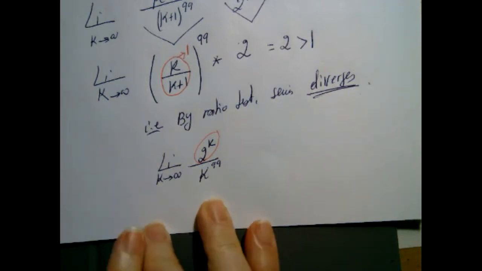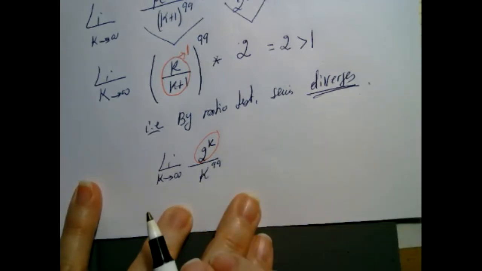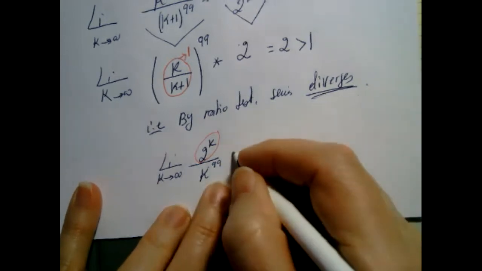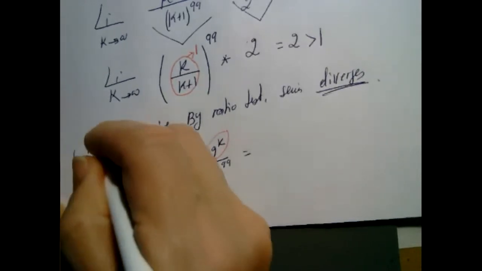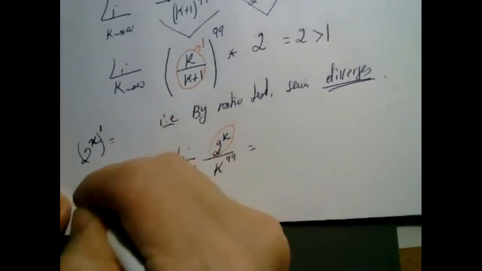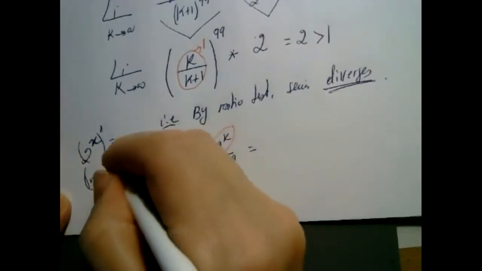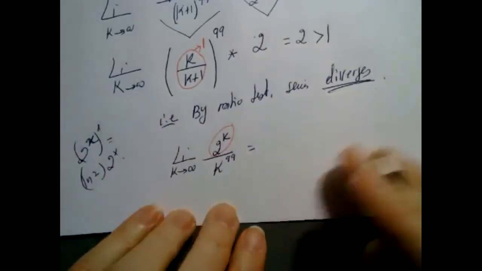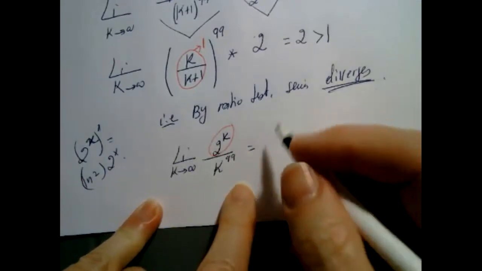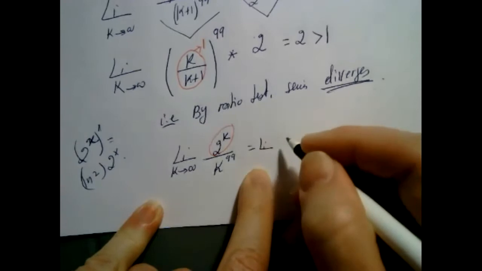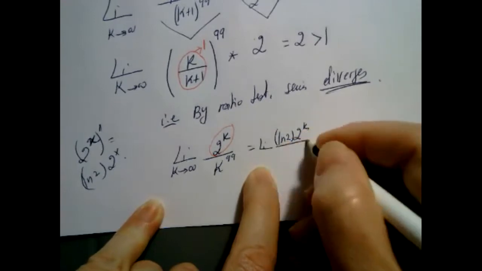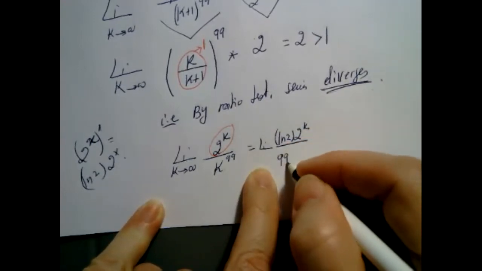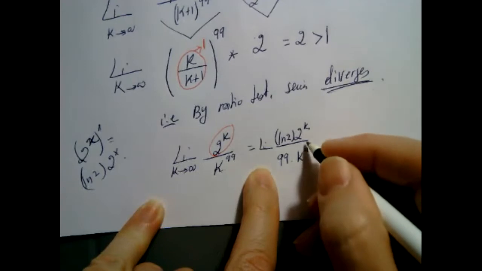All right, let me apply L'Hopital's rule to convince you of that. So what's going to be L'Hopital's rule? The derivative of 2 to the k, or 2 to the x in general, is ln of 2 times 2 to the x. That's the derivative of that. So if I apply L'Hopital's rule, I will have the limit of ln 2 times 2 to the k over 99 k to the 98.